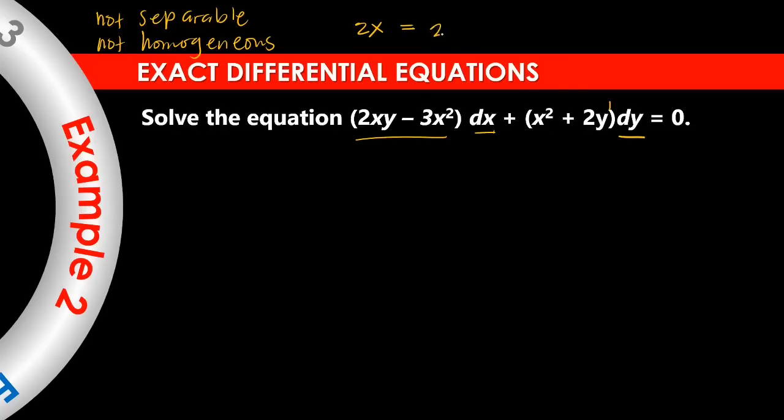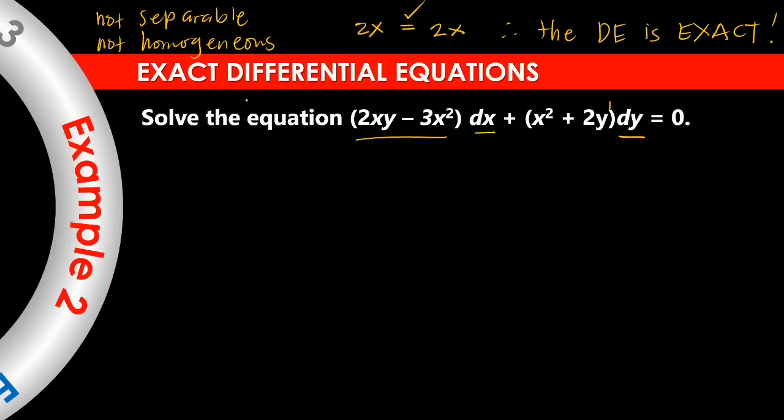So, may makukuha tayong 2x. And, since here we will treat y as a constant, 0 na yun. Kaya, 2x nag-equal sa 2x. So, that means that the DE is exact.